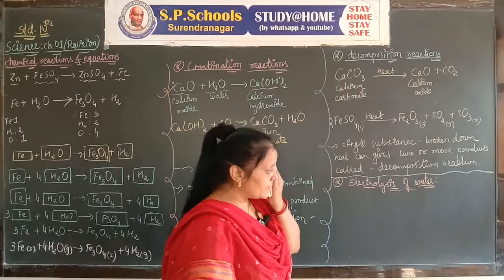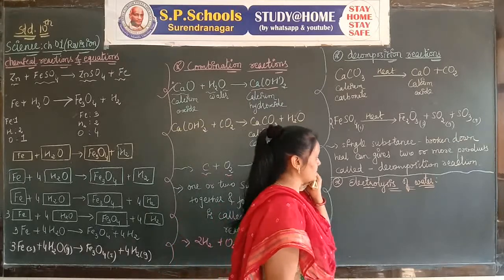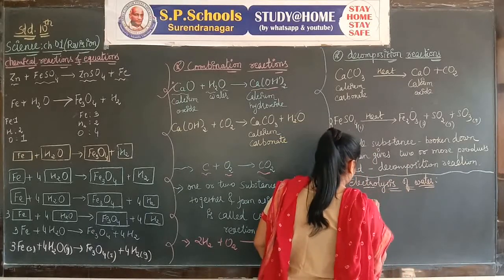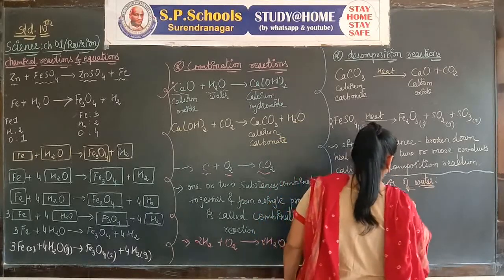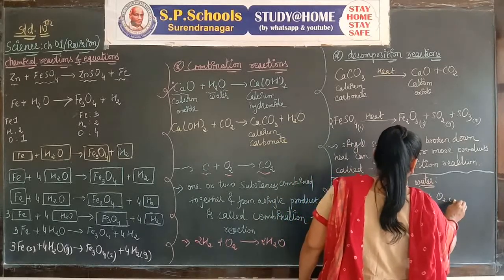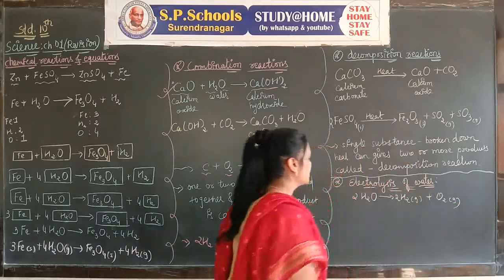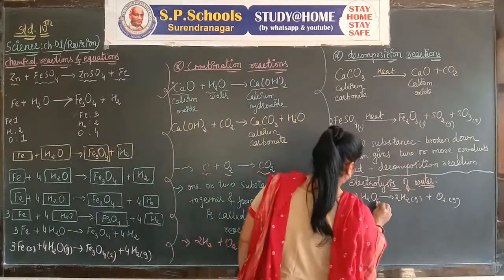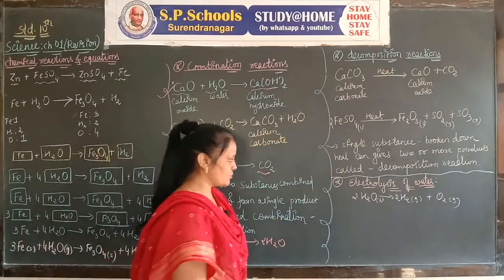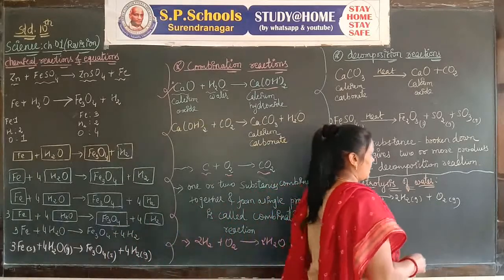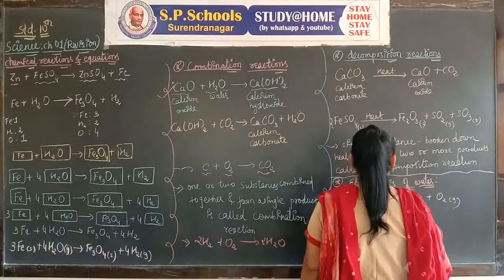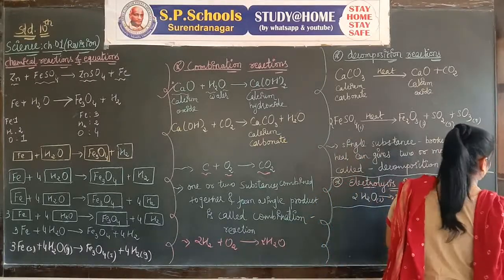And what will we find after electrolysis of water? H2O will be converted into two gases, hydrogen and oxygen. H2O liquid. After electrolysis of water, we have two gases, hydrogen and oxygen. In the case of revision, I can write the conclusion directly. You cover all the questions.